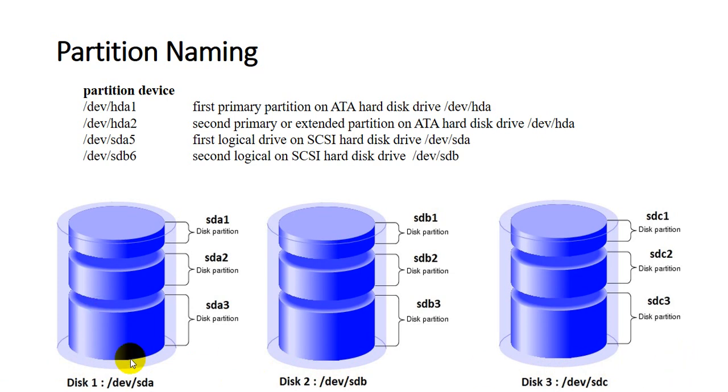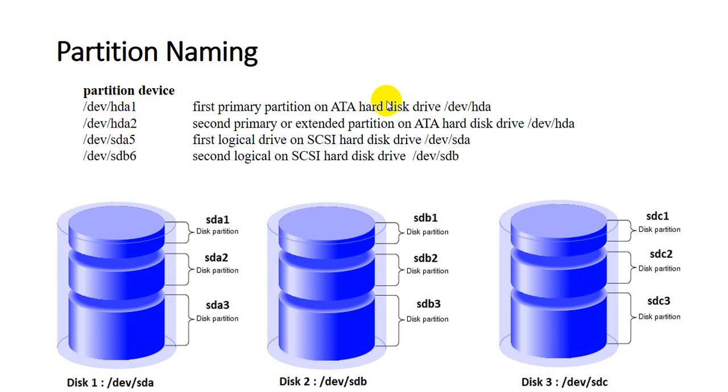And if you create a partition inside the first disk, that is sda, then the first partition will be sda1, the second partition will be sda2, sda3 and the fourth partition will be sda4. But if you want to create a fifth partition, then it will be sda5, and that will be a logical partition.